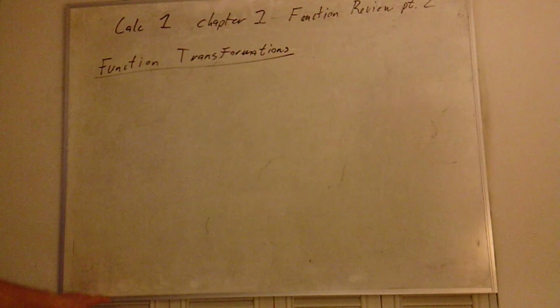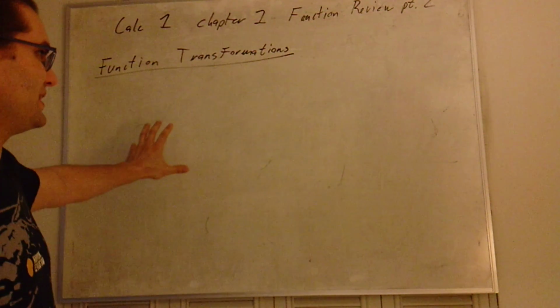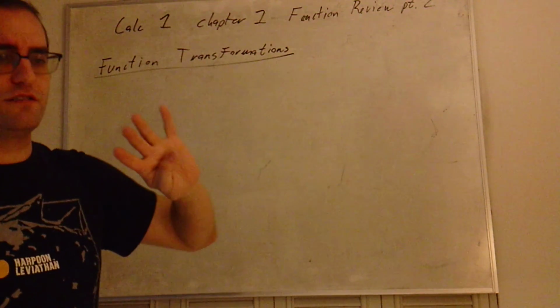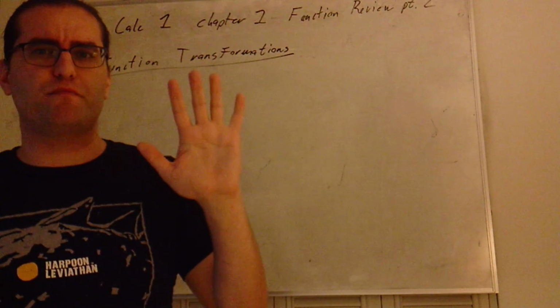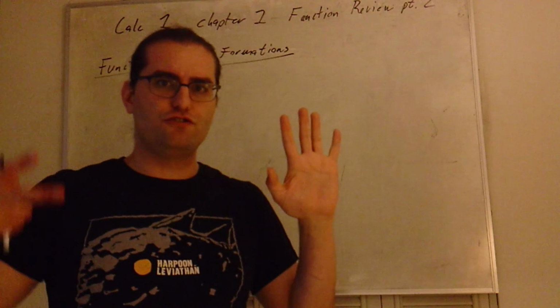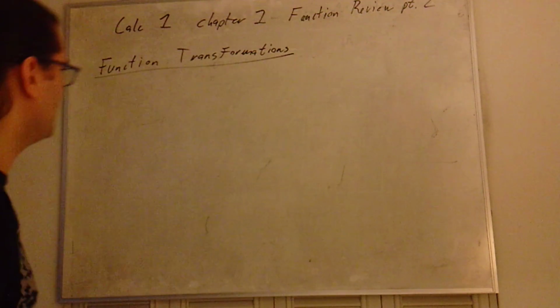I like to organize all of the different function transformations using sort of like a big table, because there's 5 different basic operations you can do to a function in 2 different places that creates different results.